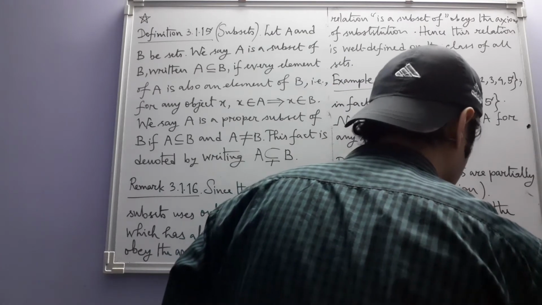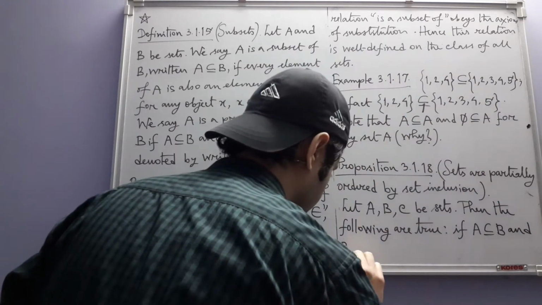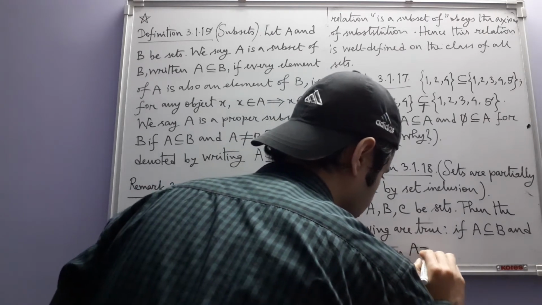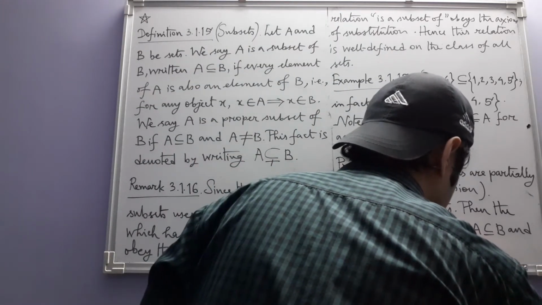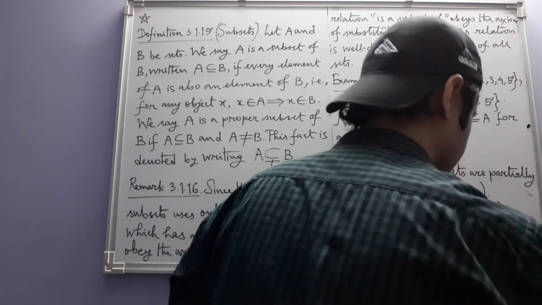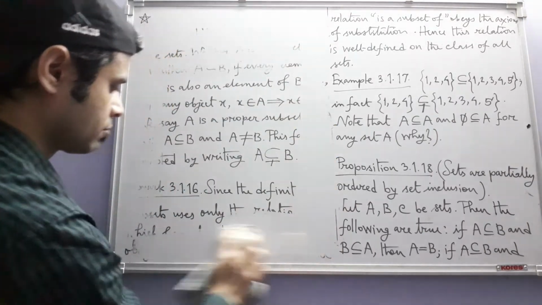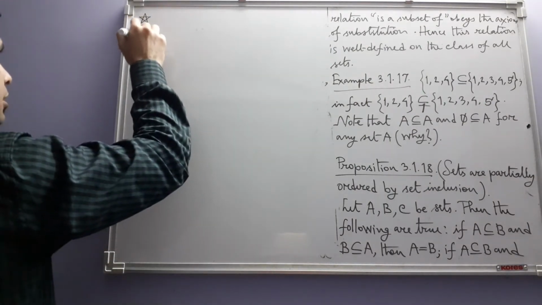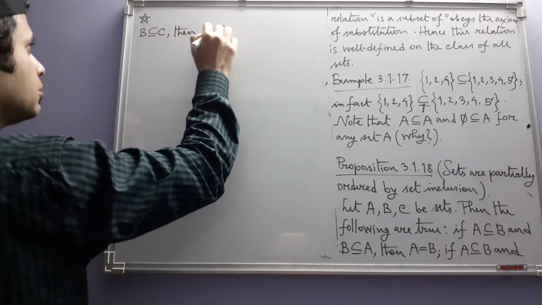If A is a subset of B and B is a subset of A, then A is equal to B. Next, if A is a subset of B and B is a subset of C, then A is a subset of C.